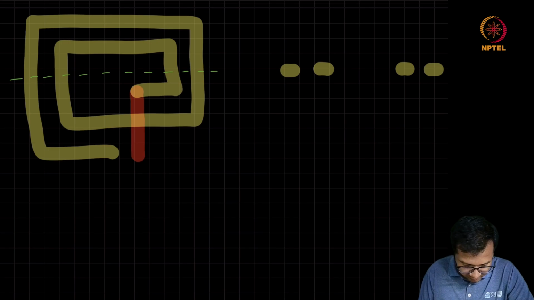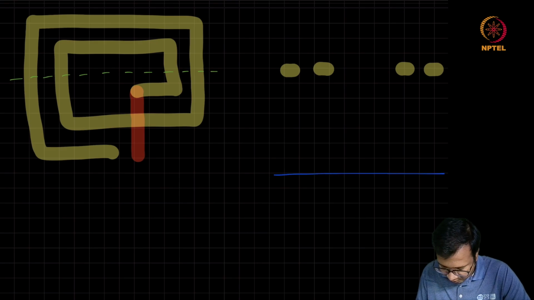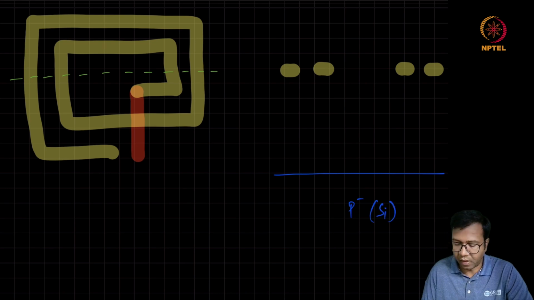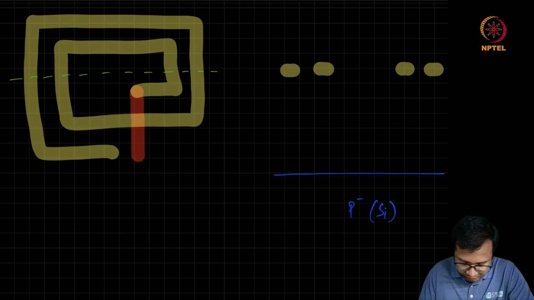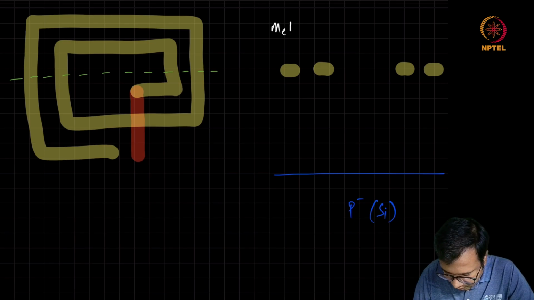In addition to these metals, there will be substrate. This is P minus lightly doped silicon. These are the metals.